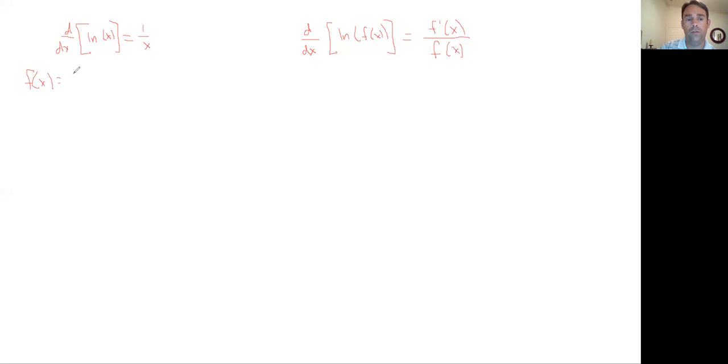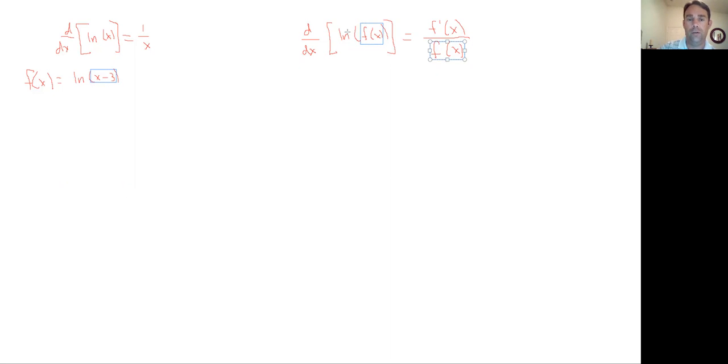I'm going to do the first one here, and then I'm going to give you guys a few so you can try to see how you would go about doing a derivative. So natural log of x minus 3. Whatever's in the parentheses, that's my f of x. That will always go to the denominator.